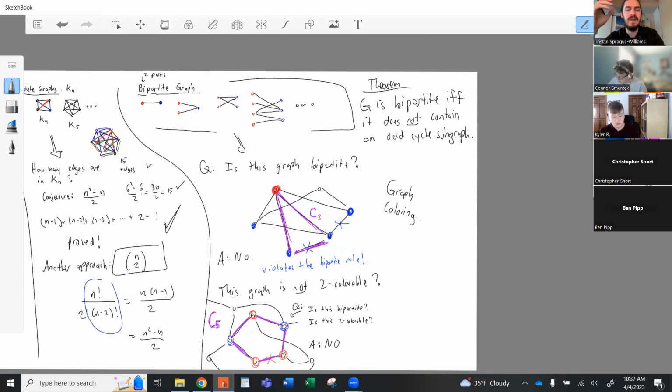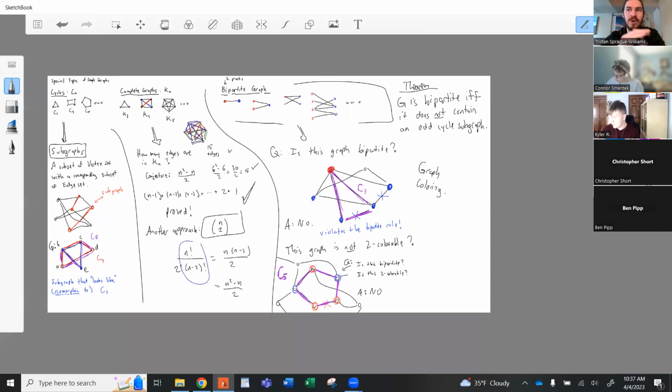So basically, if it does not contain a subgraph isomorphic to an odd cycle, as long as it doesn't have an odd cycle, then it will be two colorable and it will be bipartite. But if it's not bipartite, it will necessarily have an odd cycle in it somewhere. Okay, so that turns out to be an if and only if.